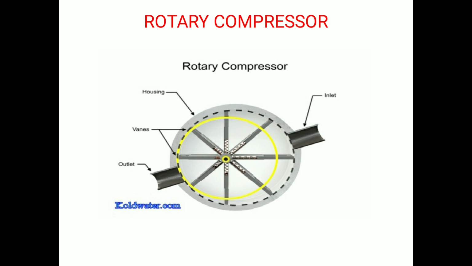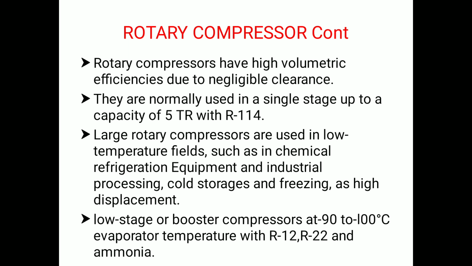And these compressors are basically positive displacement type compressor. And rotary compressors have high volumetric efficiency due to negligible clearance. They are normally used in a single stage up to a capacity of 5 TR with the refrigerant R114.